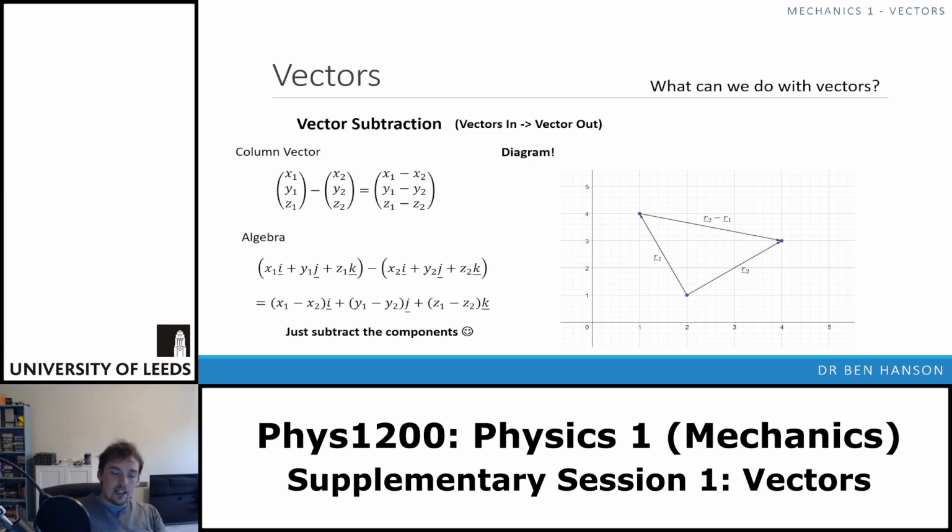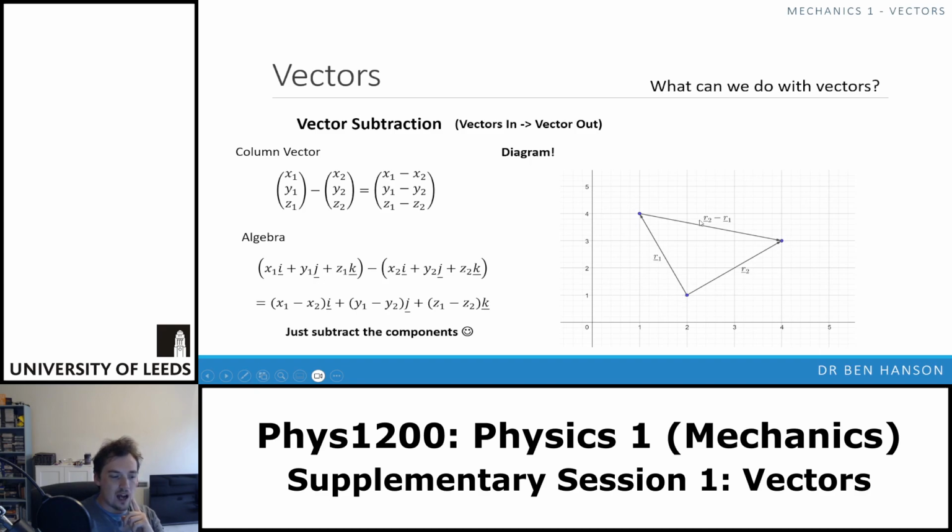So I'm going to take you through two ways of thinking about this. The first way I'm going to suggest is that we start here. That's R1, so I'm adding R1. And then the vector is in this direction. So I'm adding R1, and then I'm adding R2 minus R1.